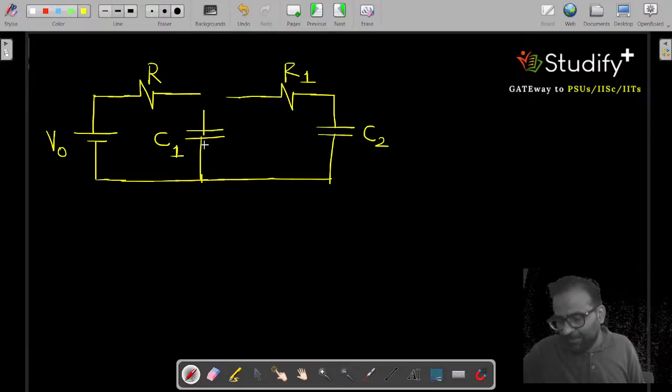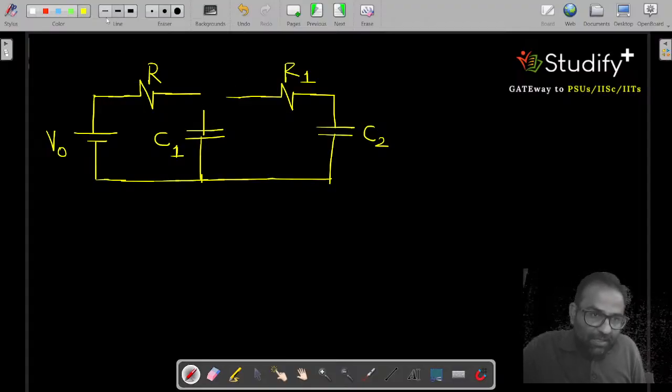What else are they saying? A switch is connected here, so let me draw a switch at this point.